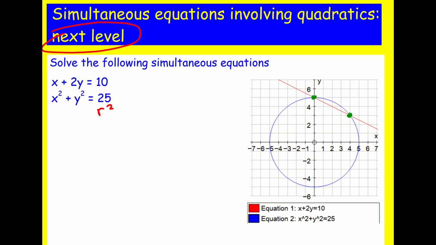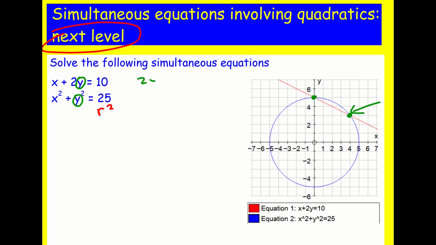What we have to do instead is remember that the y values are the same at the particular point. So here, the y values of the straight line and the circle are the same. So actually this is the same as this. And what we could do, therefore, is make y the subject of this one and substitute it in.